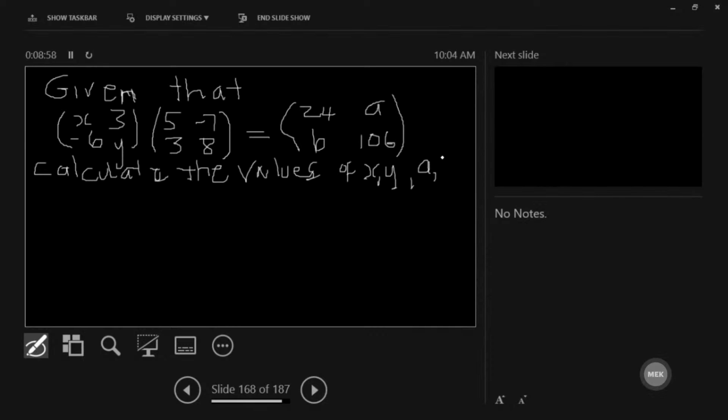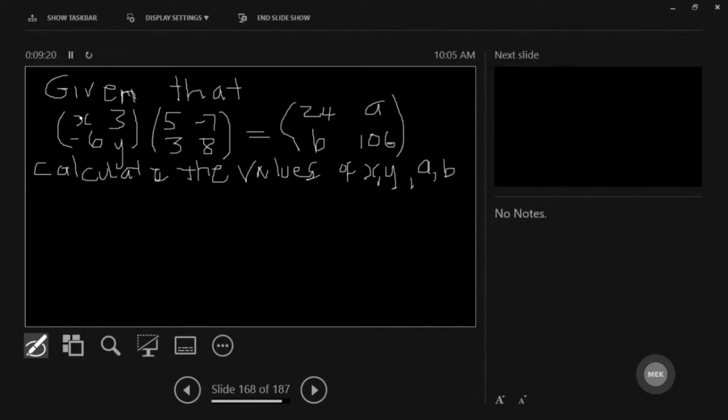So the 4 variables that are shown here, we need to find the variables. All right. So what we're going to do then is find the product of this.